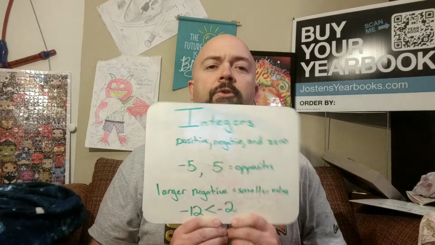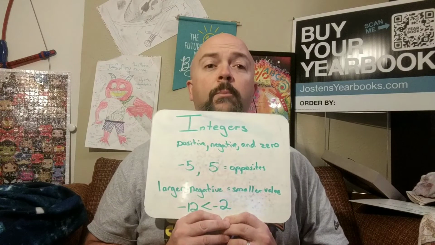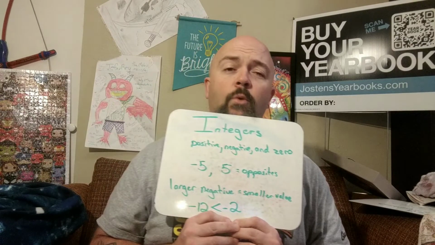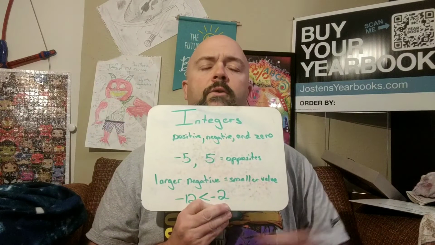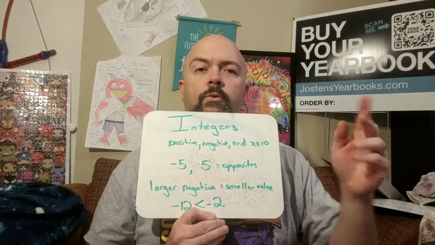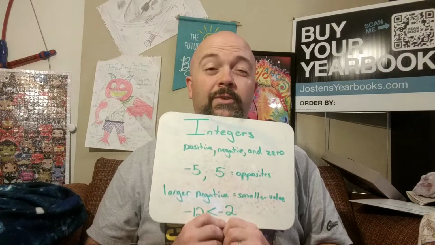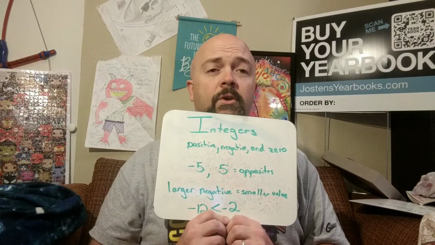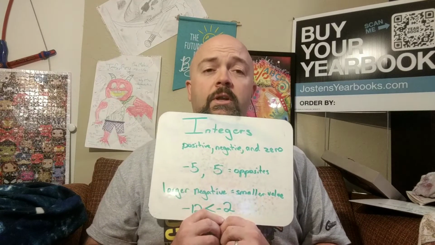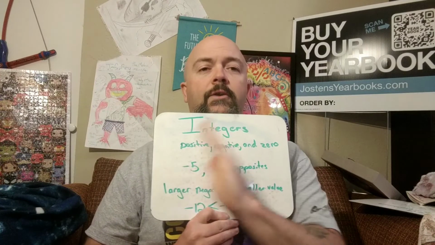Now, a couple of things I wanted to bring up and remind you about. Integers refer to those numbers. Now, before here, you've only known about the numbers that are on the right side of 0. 1, 2, 3, 4, so on and so forth. Those good ones. We opened up the world to the other side of the 0 this year with the negative numbers. That's where integers comes in. Integers referring to your positives, your 0, and your negatives.